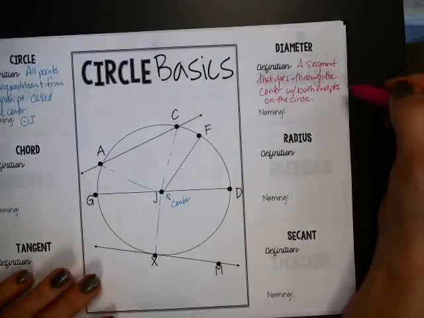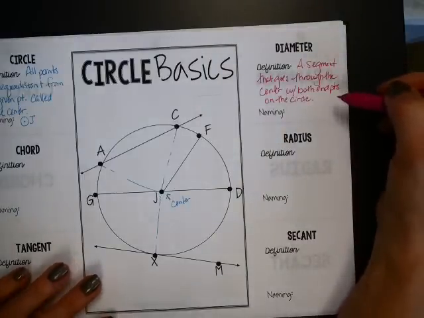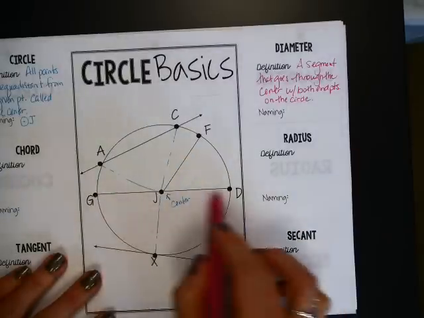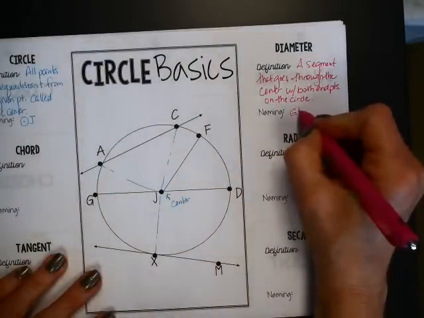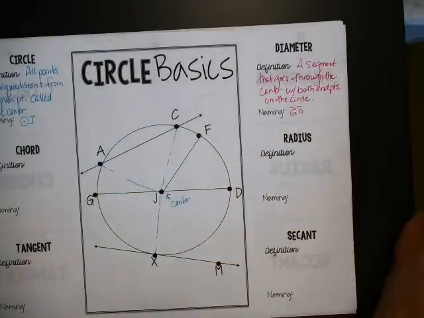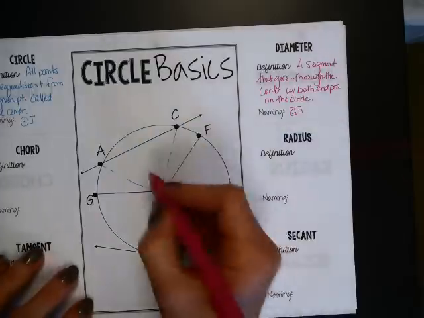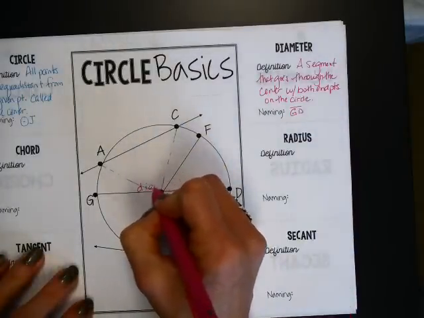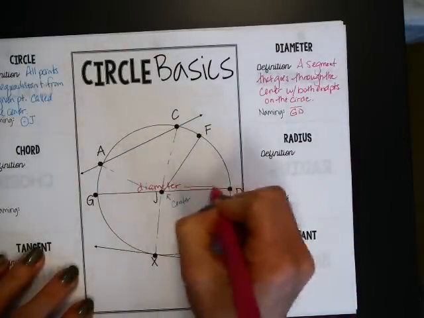So a segment that goes through the center with both endpoints on the circle. If you look here, our diameter is segment GD. Alright, so that is our diameter right through here.